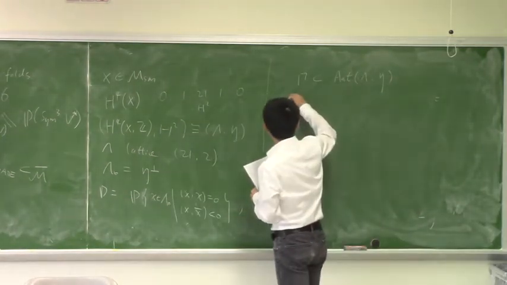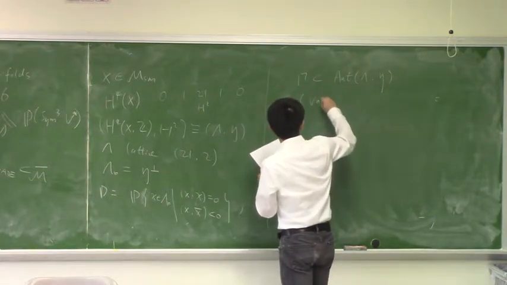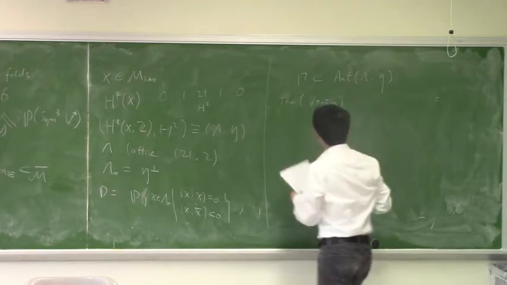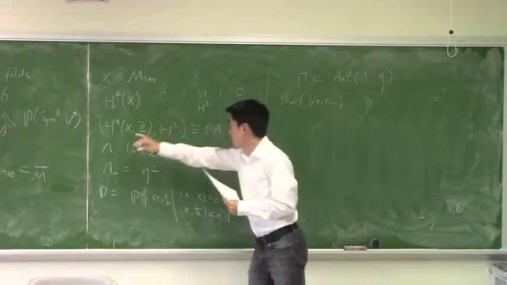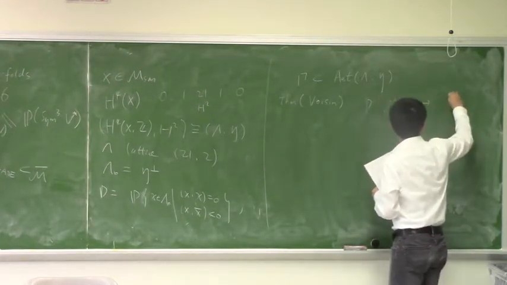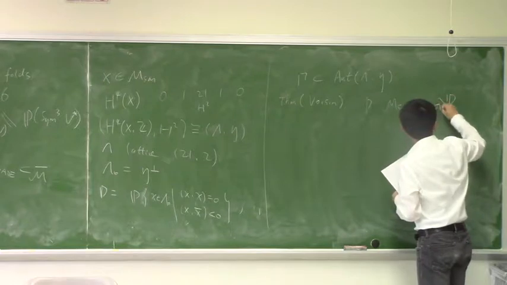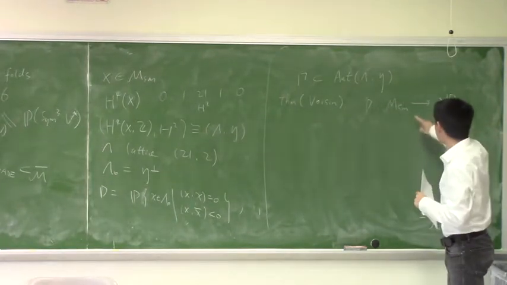And the global Torelli theorem is just saying that the period map from M smooth to this locally symmetric space is an open embedding.